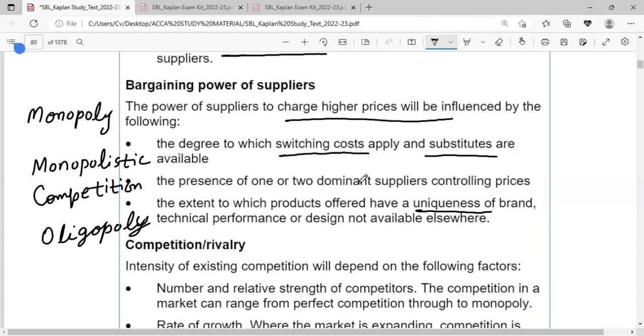Switching cost, okay, once again I am going to explain. Switching cost means, suppose you are used to buying one product which costs you $10. If there is a new seller in the market, it will be easy for you to purchase from the new seller, because $10 is not a huge or material amount for you.